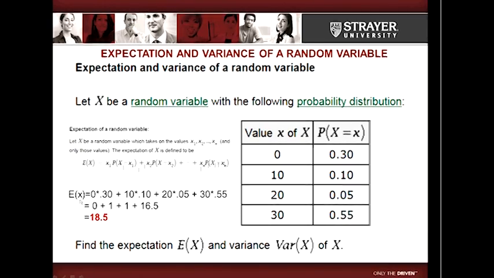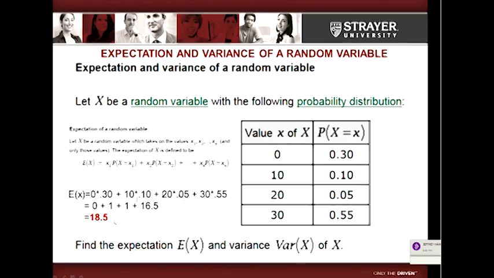So multiplying that all out, the expectation is 0 times 0.30 plus 10 times 0.10 from here, plus 20 times 0.05, plus 30 times 0.55. 0 times 0.30 is 0, 10 times 0.1 is 1, 20 times 0.05 is also 1, and 30 times 0.55 is 16.5.